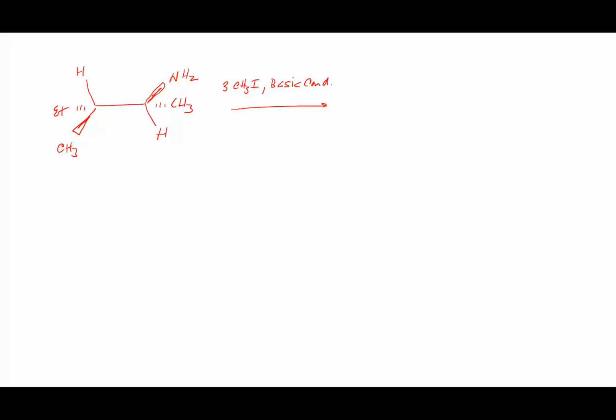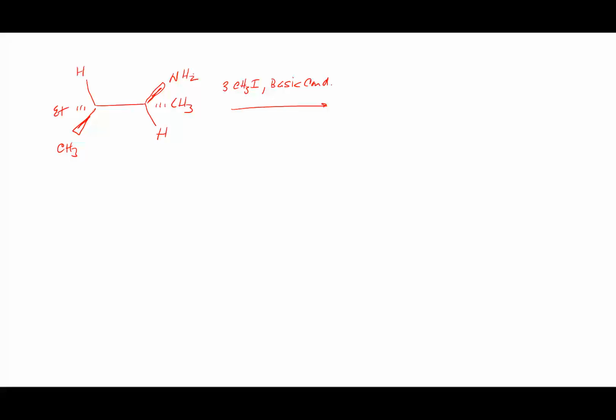But what is it? Hoffman or Cope? Hoffman. It's Hoffman, because I'm basically going to alkylate this nitrogen group to make the ammonium. And I'm alkylating it 3 times. That's Hoffman. If I just alkylate it twice and use something like a peroxy acid, that's Cope.